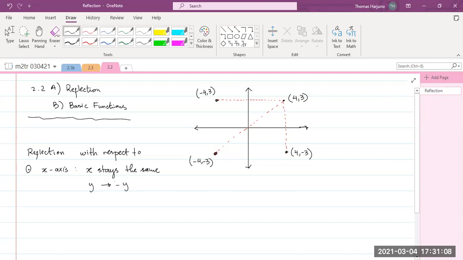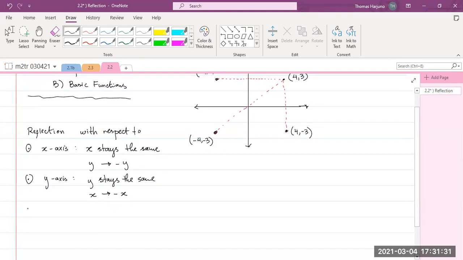With the y-axis, y stays the same. The x gets the opposite. Now, if we reflect with respect to the origin (0, 0), then both x and y get the opposite. Okay, so this is a big notion.